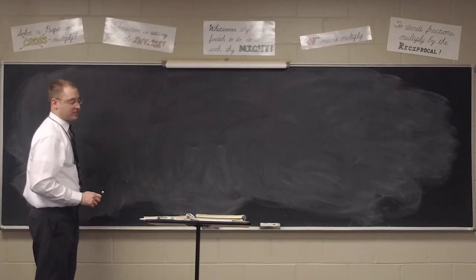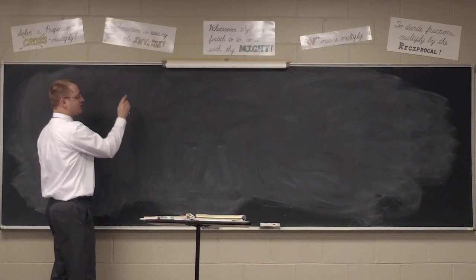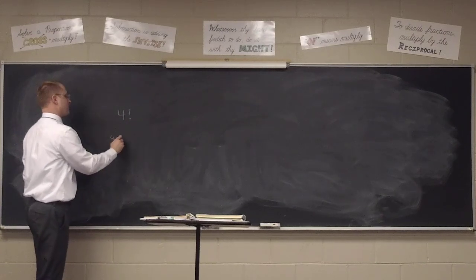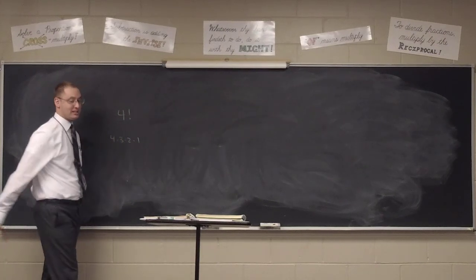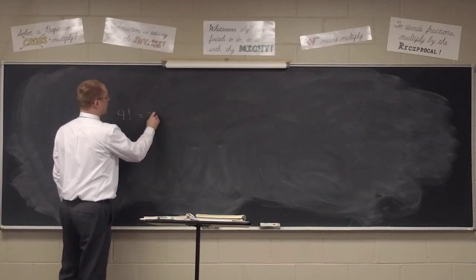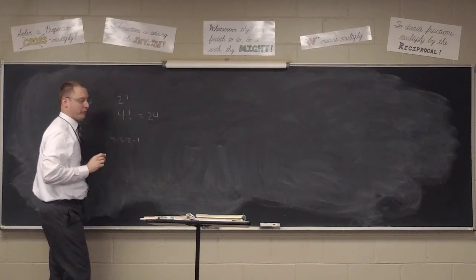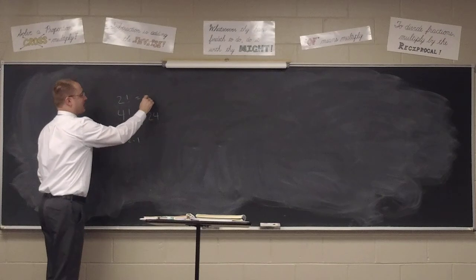All right, number 6, 4 factorial. What is the value when you do 4 times 3 times 2 times 1? Class? 24. 2 factorial. 2. Because that's just 2 times 1.